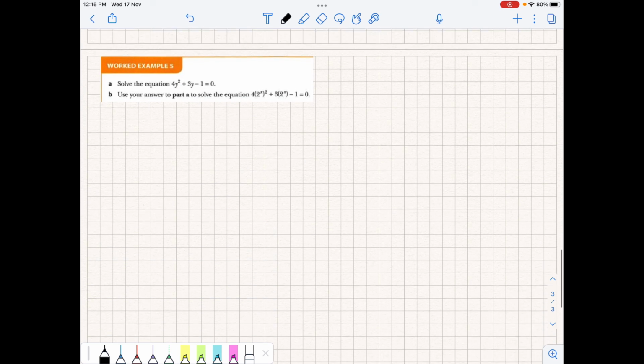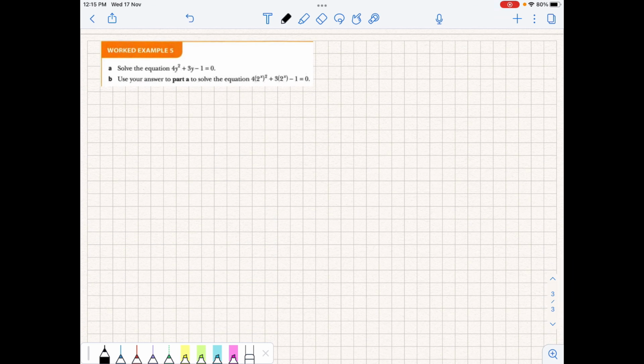Okay, and one final example. So the first part of the question says, solve the following equation. Now this is just a normal quadratic equation, and so we're going to solve this by factorizing, because it'll be the easiest way. So we'll have 4y squared plus 3y minus 1 equal to 0. So I need to consider the factors of 4 and the factors of 1.